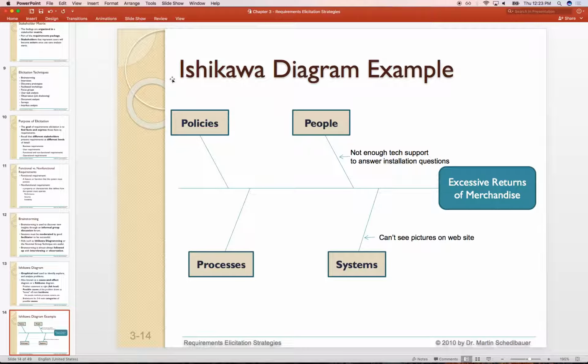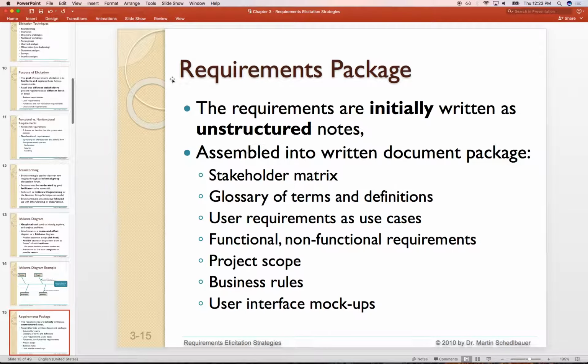Again, there's tons of these graphical tools that allow you to capture these things and organize all these random thoughts. Now, the matrix that we mentioned earlier is going to contain all the stakeholders, all these elicitation requirements that you're working through.